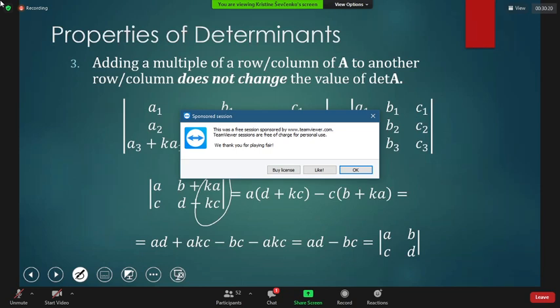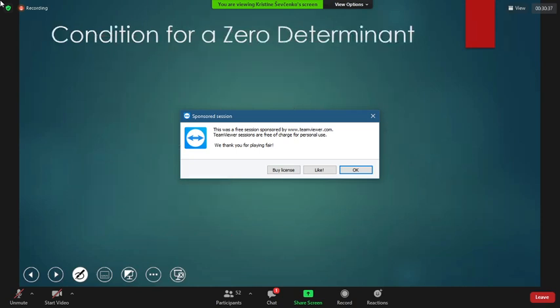Similarly, we can prove this property for a determinant of any order. We will see how to do this in practice very soon, and why we would like to do it. Now, let's see what's next.